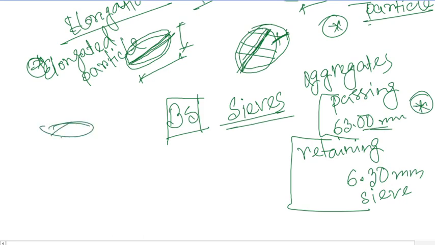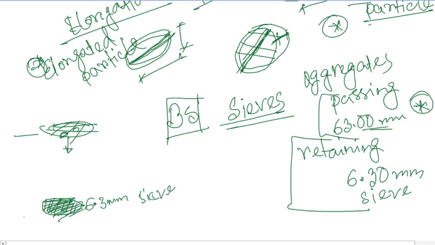So the aggregates passing through the 63 millimeter sieve will be taken as the sample for this experiment, and those retaining on the 6.3 millimeter sieve.